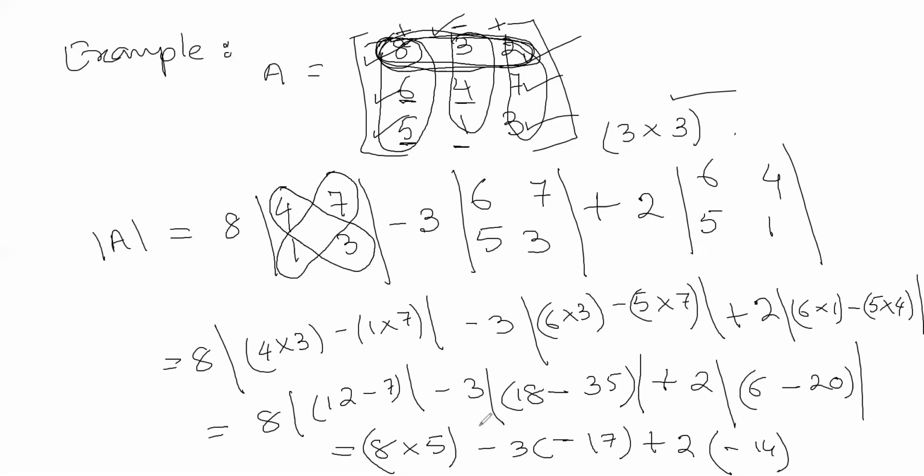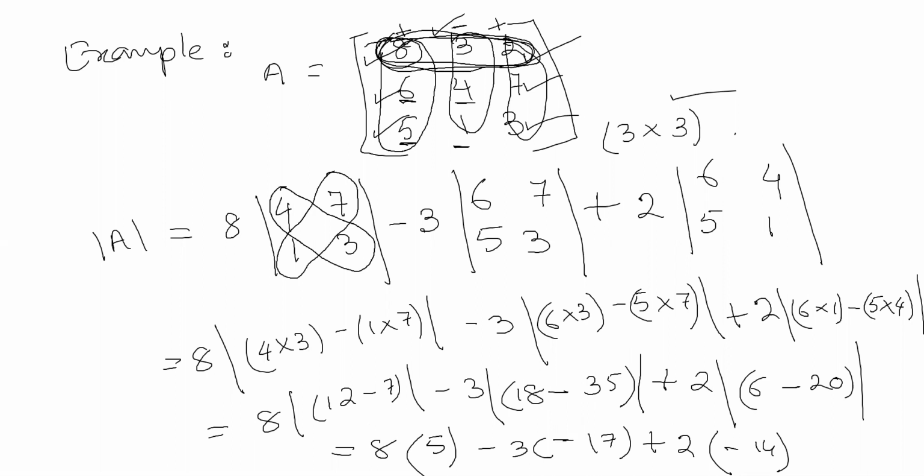Okay, if you're confused, what you can do over here is you can also keep this separate and write it as 8 into 5, so you can keep 5 in brackets. Okay, so yes, 12 minus 7 is 5, 18 minus 35 is negative 17, and 6 minus 20 is negative 14. So 8 into 5 minus 3 into negative 17 plus 2 into negative 14.